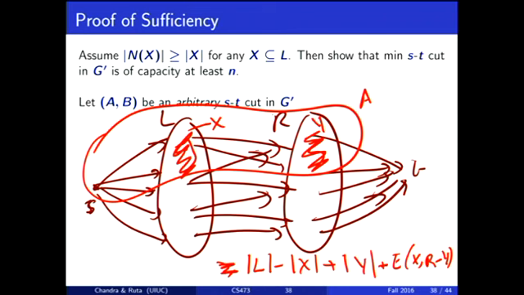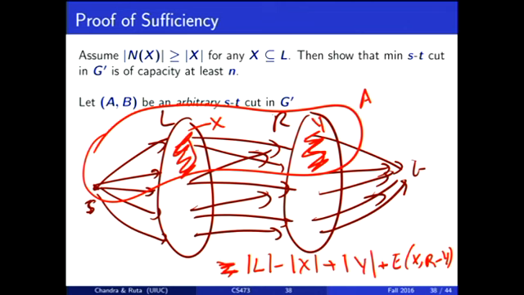At least size of X, right? Okay, where are those neighbors? I don't know. Some of them could be here, some of them could be here. Maybe all of them are here, and in which case I don't have any.